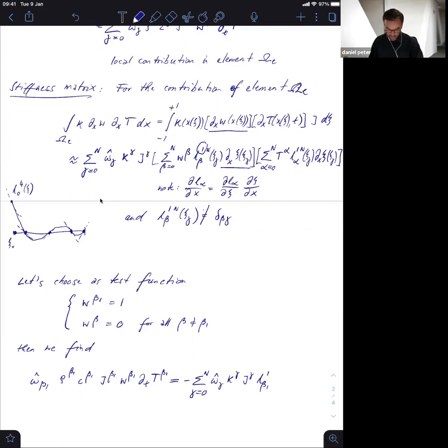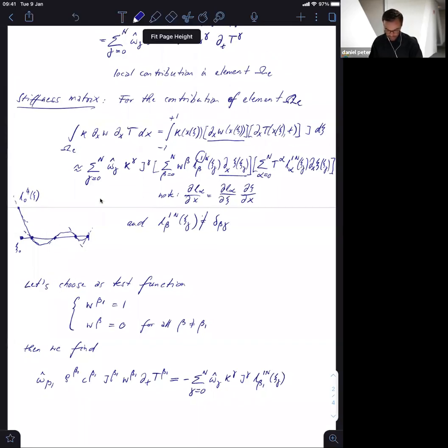We have the polynomial L beta 1 evaluated at gamma times this derivative at gamma.